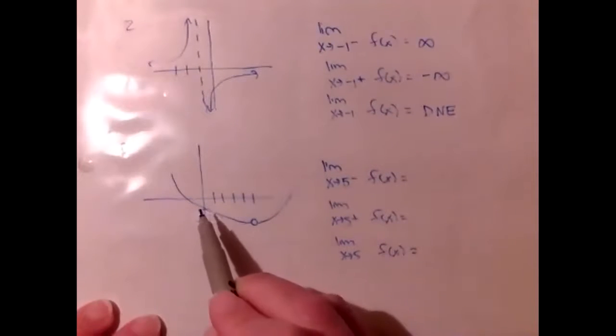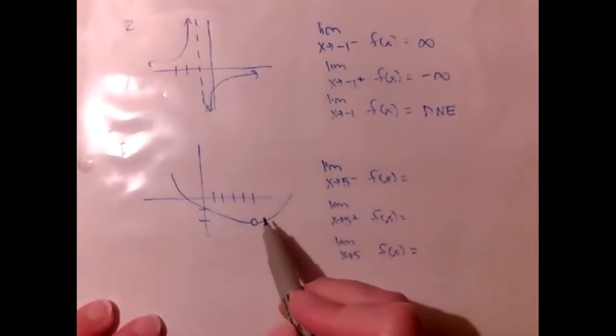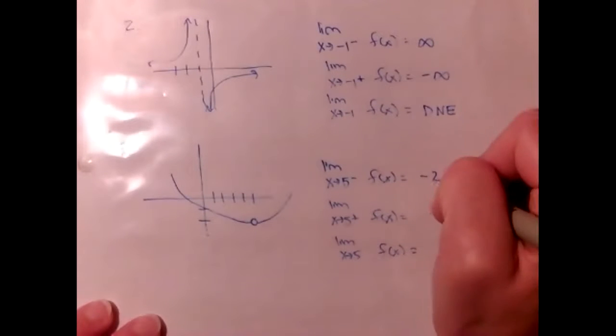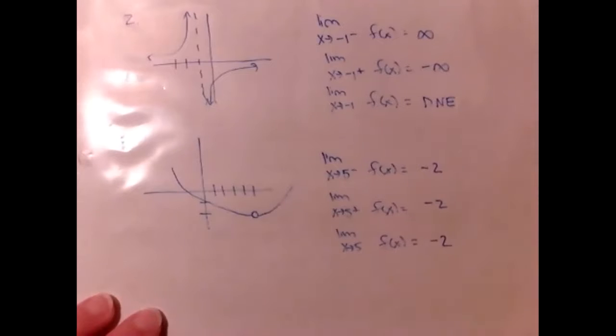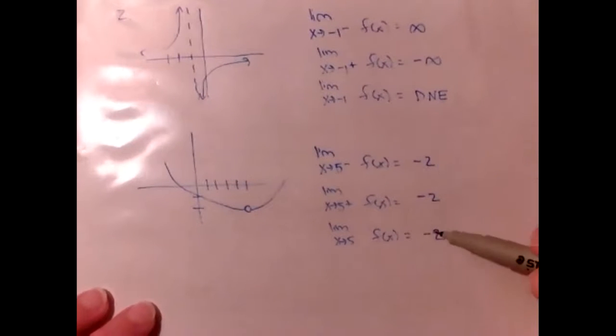So for this one, both the left and the right are going to -2. And if the left and the right agree, then the overall limit will also be -2. So if the left and the right agree, then you just have the same answer for all 3 of those.